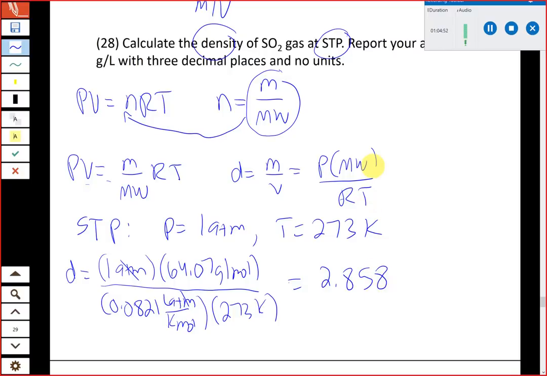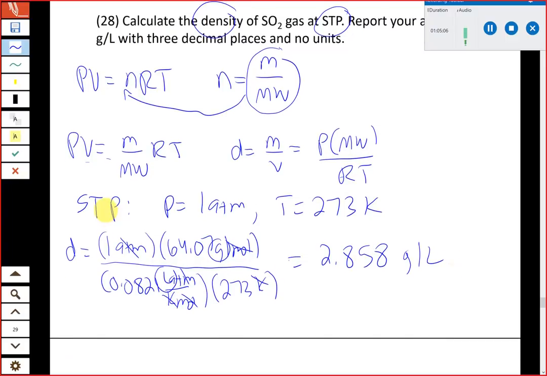Paying close attention to units, so moles cancel and kelvins cancel, it's going to be grams per liter. So when you calculate the density of a gas in this way, the unit is grams per liter, not grams per milliliter, which is more conventional for liquids and solids. So that's the answer that we get there.